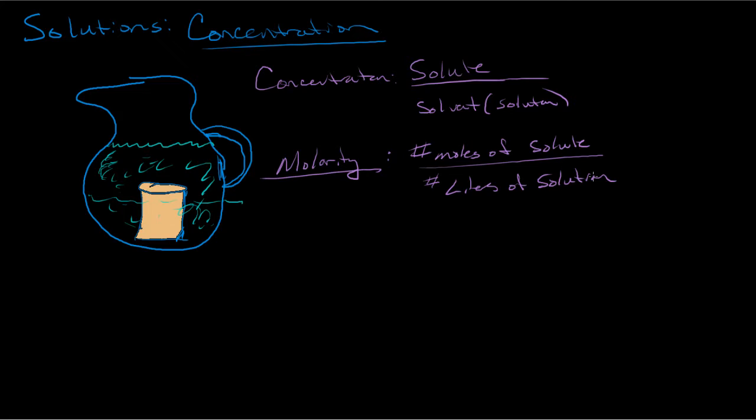So it's how much of your solute you are dissolving in how many liters of solution. These are the units: moles per liter, and this idea of moles per liter has an abbreviation, and it's called M.